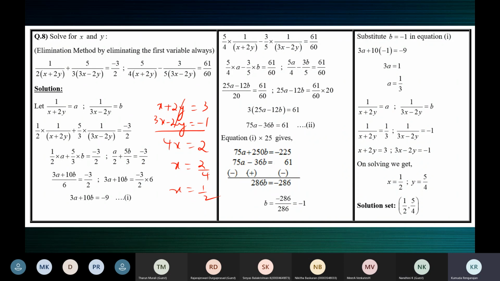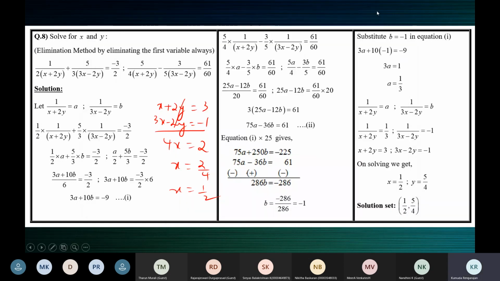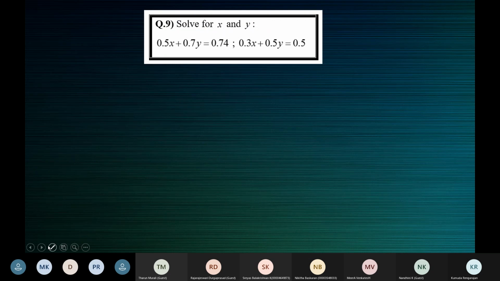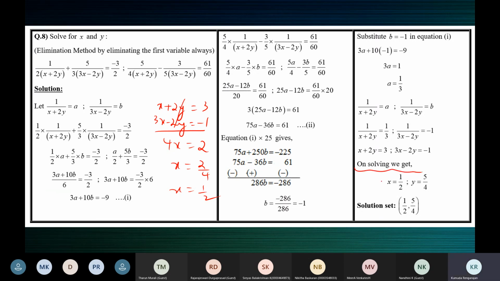I've just written, on solving we get x is equal to half and y is equal to 5 by 4, because you know how to do it. You should have worked it, all of you.